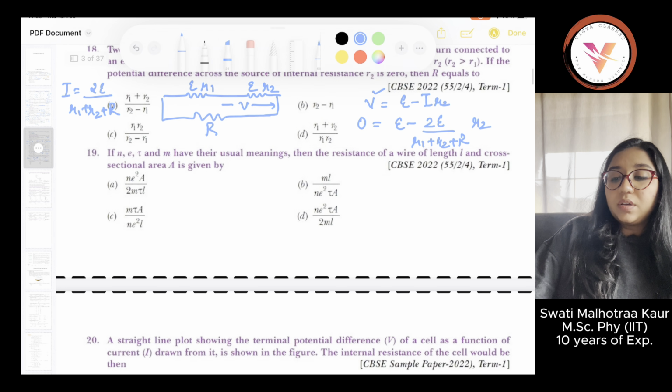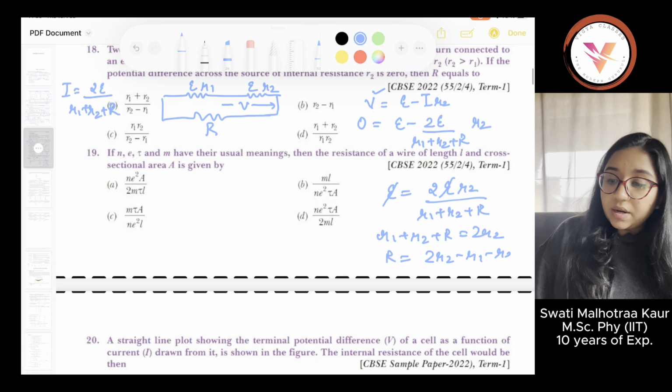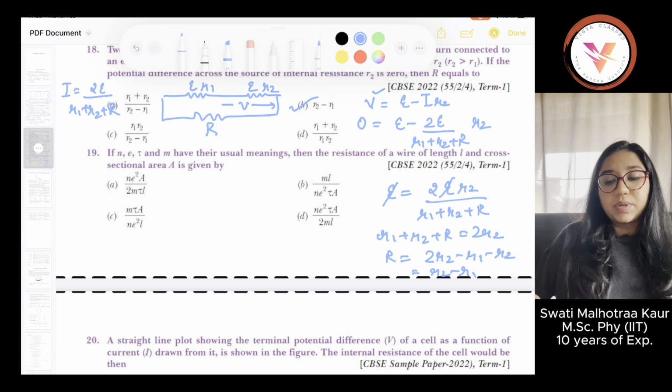Then your E can shift to the other side. You can cancel E, then it becomes R1 plus R2 plus R is equal to 2R2, and this capital R is equal to 2R2 minus R1 minus R2, and this is simply R2 minus R1. So B is the correct one.